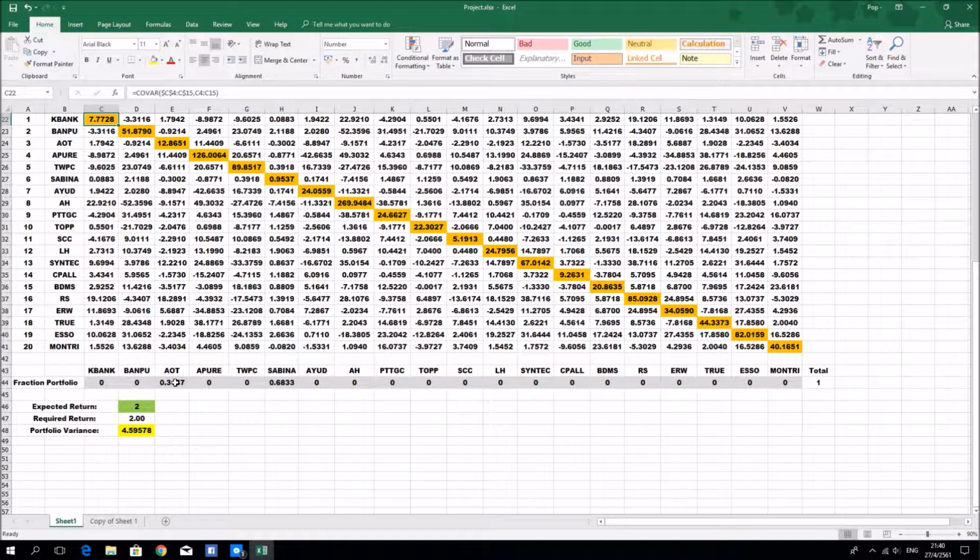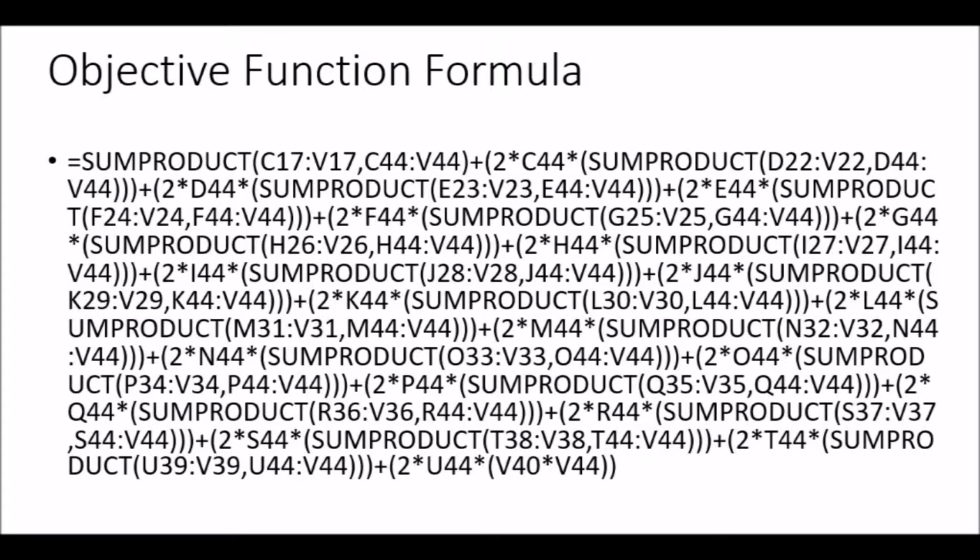And then we go to the constraints, where the expected return should be greater than or equal to the required return. And then our objective function, which is to find the portfolio variance right here. The formula will be given right now.